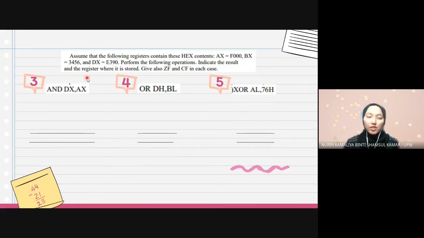Alright, for question number 3, the instruction is you must AND DX and AX. So we know here that DX is E390 and AX is F000. So it is 16-bit. I'll give you 30 seconds to try to complete the question.